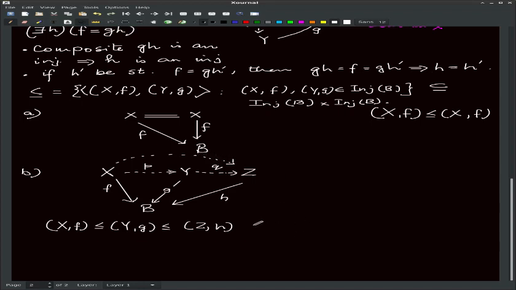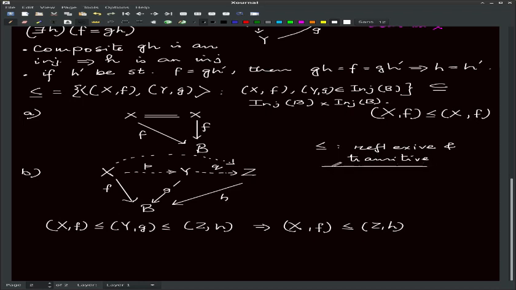So this automatically tells me that xf is less than or equal to zh. So that's 6.2b. So these two say that this relation is reflexive and transitive. If you remember what we did in relations, this means that this is a pre-order.